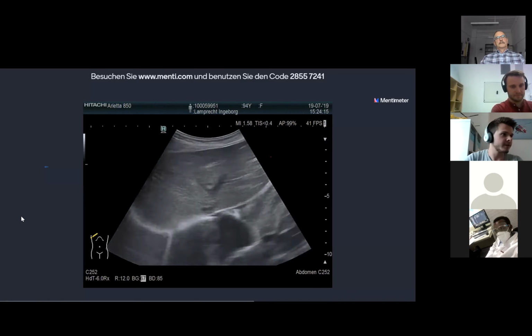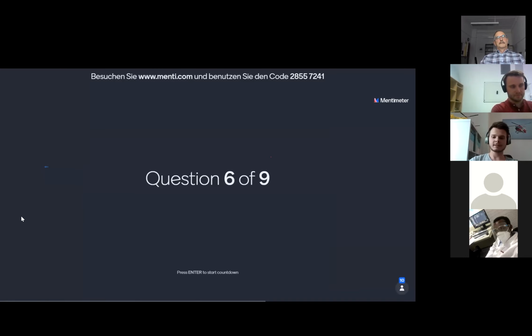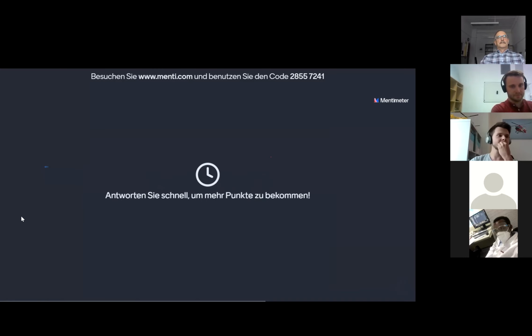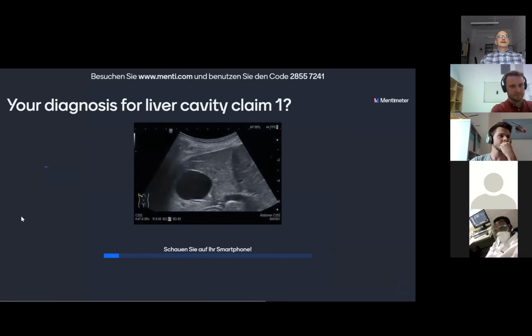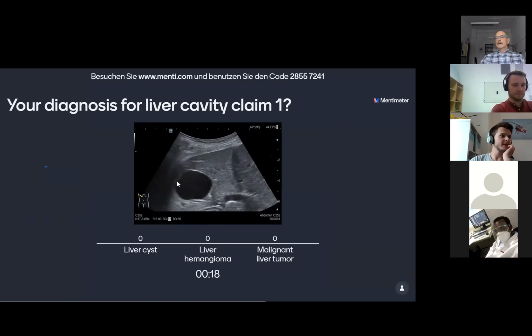And question number 6 is, what is your diagnosis for lesion number 1? Is this one a liver cyst? Is it a liver hemangioma we also saw? Or is it maybe a malignant liver tumor?